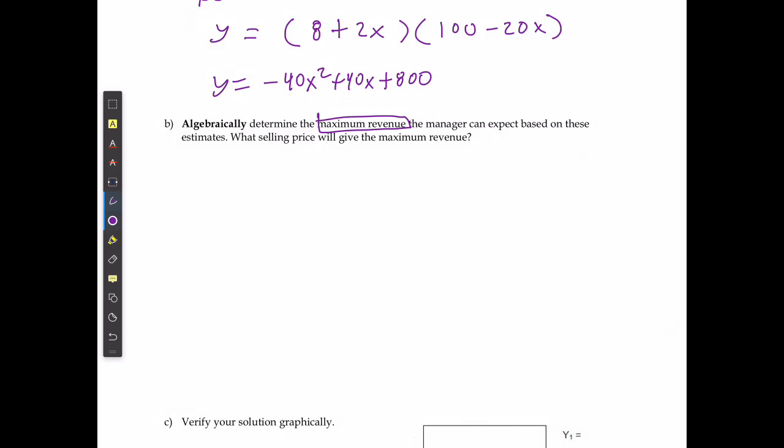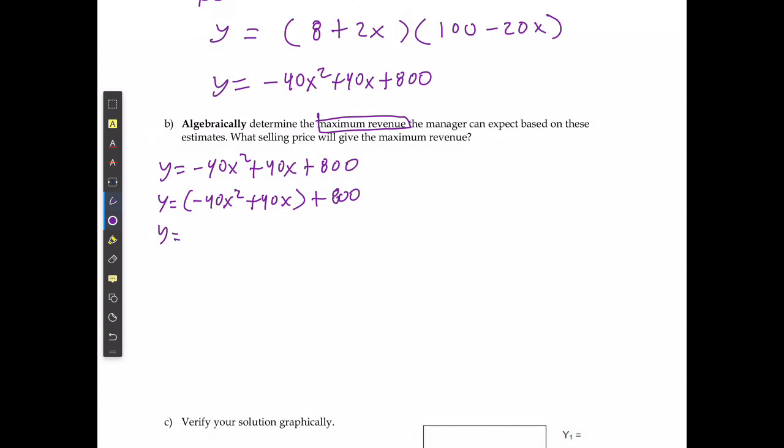So I'm going to say if Y is equal to negative 40x squared plus 40x plus 800, then Y is going to equal bracket negative 40x squared plus 40x, close the bracket, and plus 800.